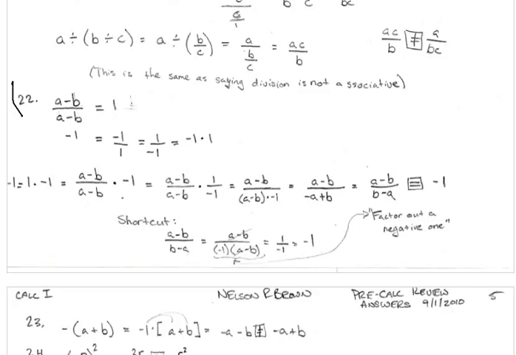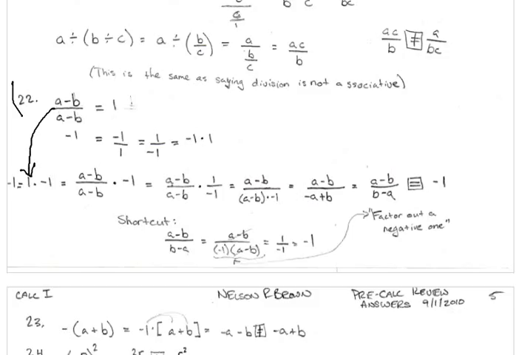That is equal to a minus b over a minus b times 1 over -1. Here I substitute a minus b over a minus b instead of 1. I know that -1 can be equal to 1 over -1, right?